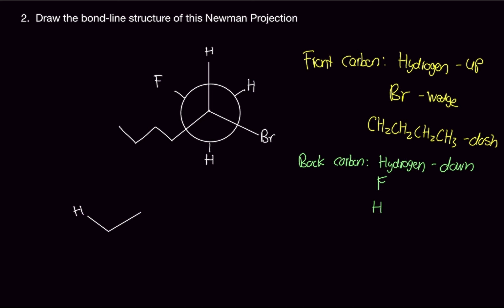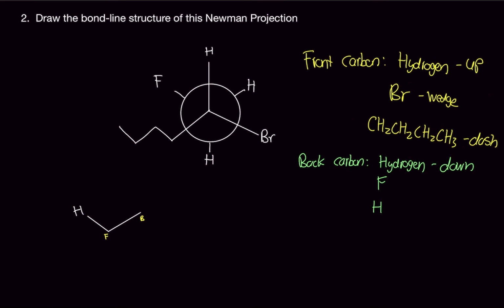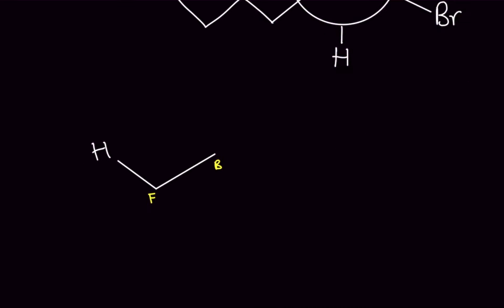Let's just call this F for front carbon and B for back carbon. So just draw the line first. Since the hydrogen is in the up position, we need to make sure we go up from the front carbon. So we did that, and the bromine's on a wedge. Let me draw that in.